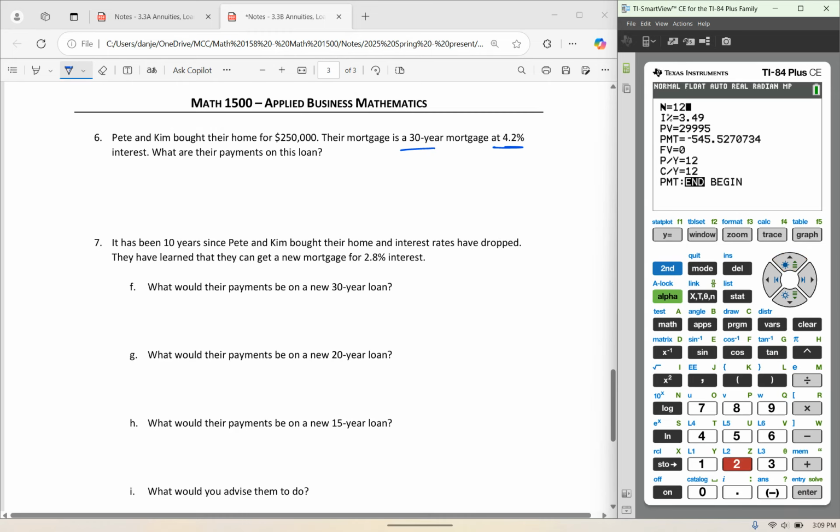So 12 months for 30 years is 360 monthly payments they're going to pay on this mortgage. Interest rate is 4.2%, and they're financing $250,000. Their payment is $1,222.54.